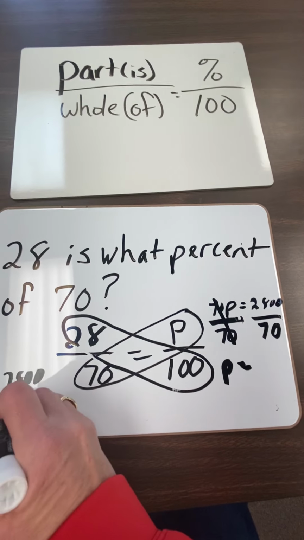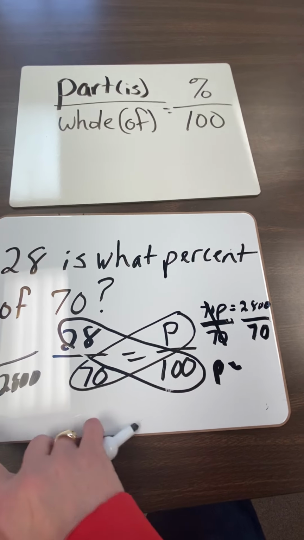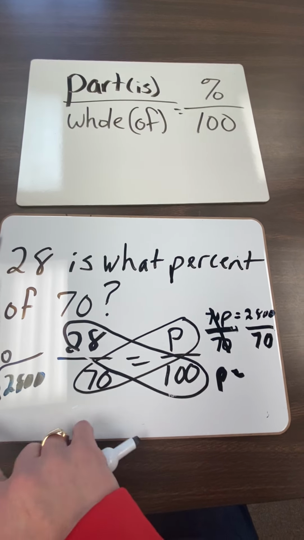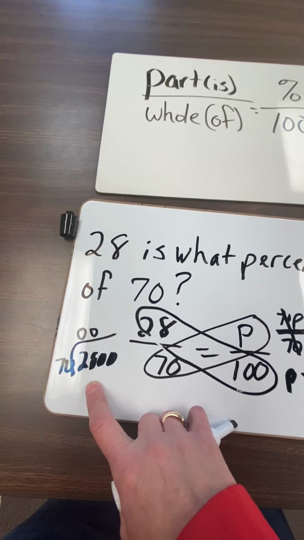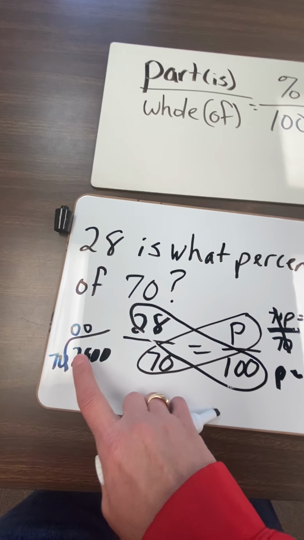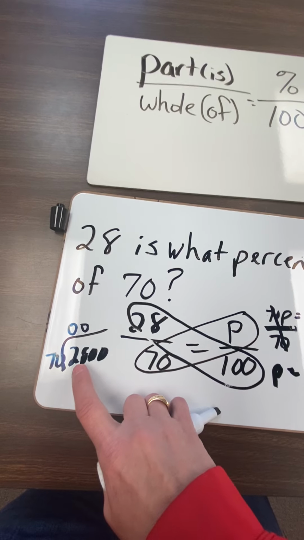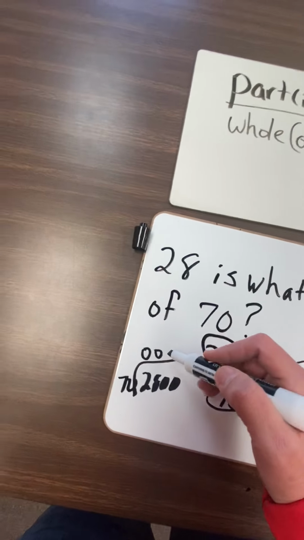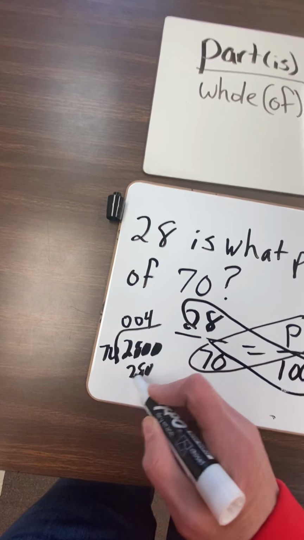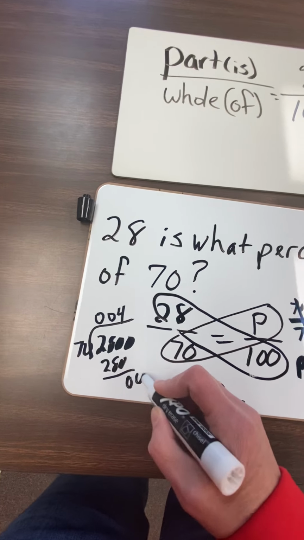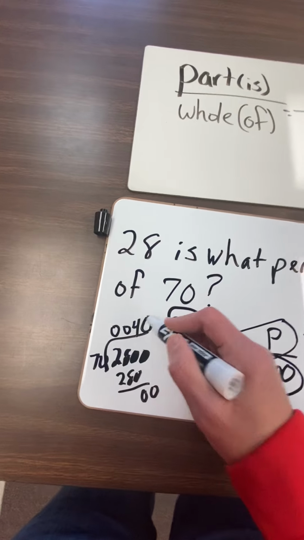2,800 divided by 70. Well, 70 can't go into 28. 70 can't go into 280. Well, say to yourself, 7 times what is 28? Well, 7 times 4. So then 70 times 4 is 280. And then your 0 here, so then you have to put a 0 up here.